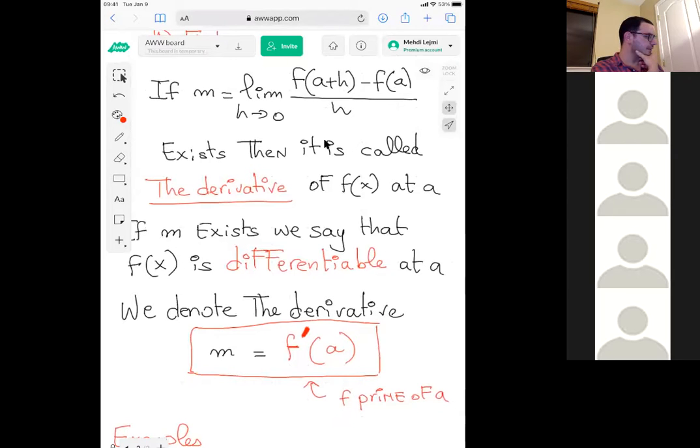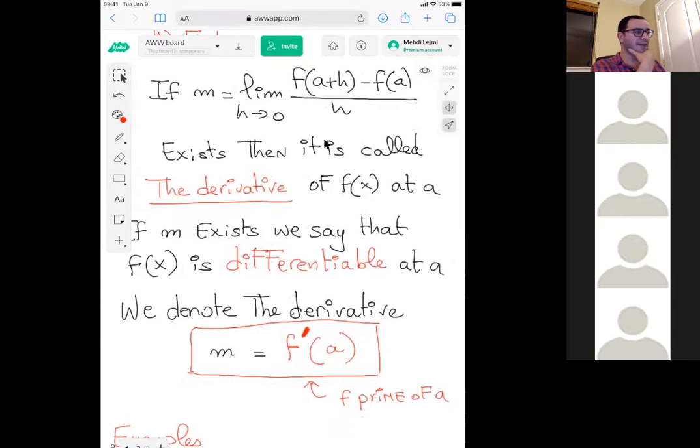So we'll see in the examples, there are some examples where the function is differentiable and other examples where a function is not differentiable. And I will explain the idea behind it, so when you should expect the function to be differentiable or not. Remember when we discussed continuity?